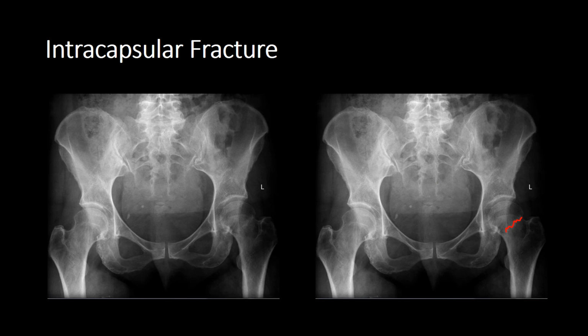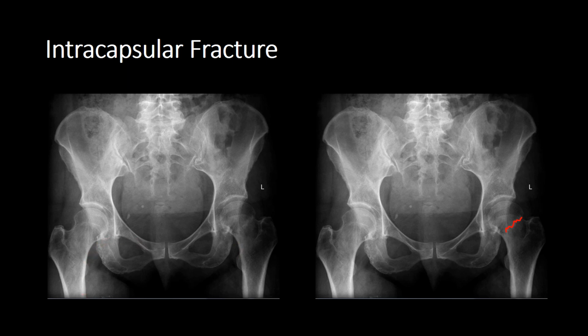So these are the really tricky injuries to spot. If you look carefully, you can see an increase in sclerosis across the femoral neck, indicating that you have an impacted fracture. The reason why they're so tricky is that if you look at your Shenton's line, it hasn't actually been disrupted.